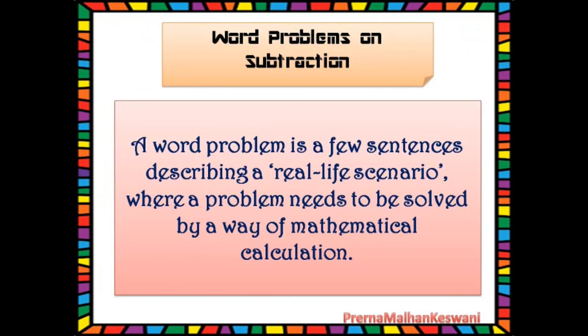Alright children, now we will move to word problems on subtraction. But what is a word problem? It is a few sentences describing a real life scenario where a problem needs to be solved by way of mathematical calculation.